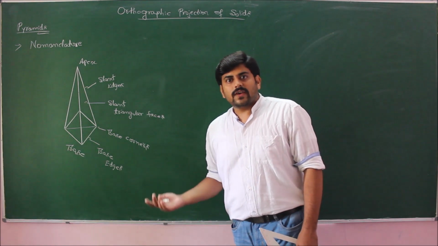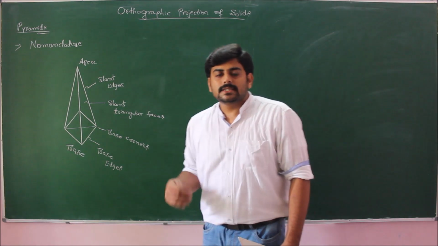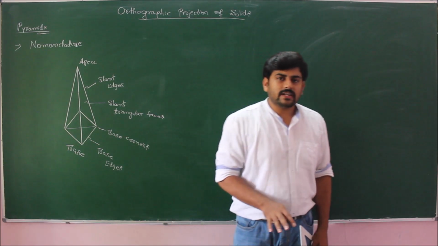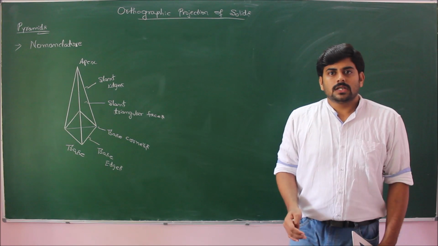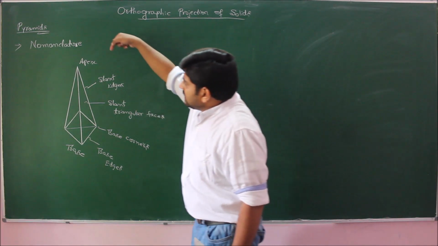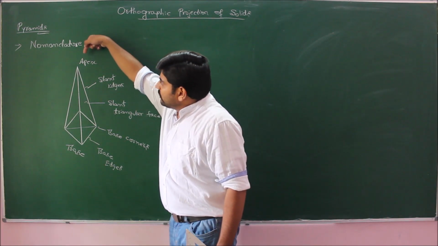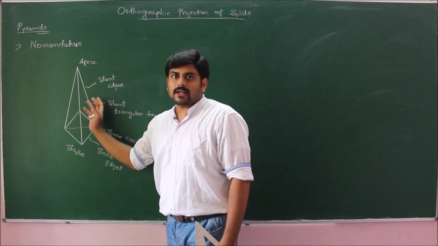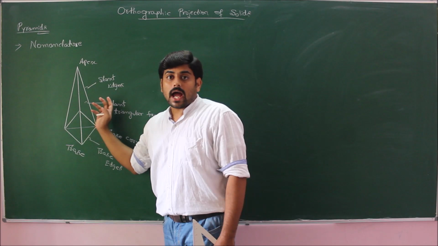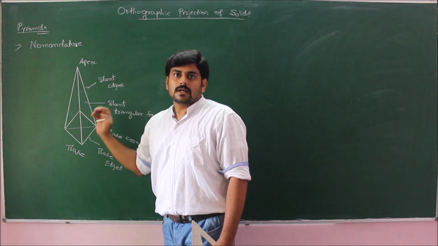Since the faces are slant in nature, this makes the top view different for the pyramid compared to the prisms. So if I look at this pyramid from the top, I can see slant triangular faces in their apparent dimensions.